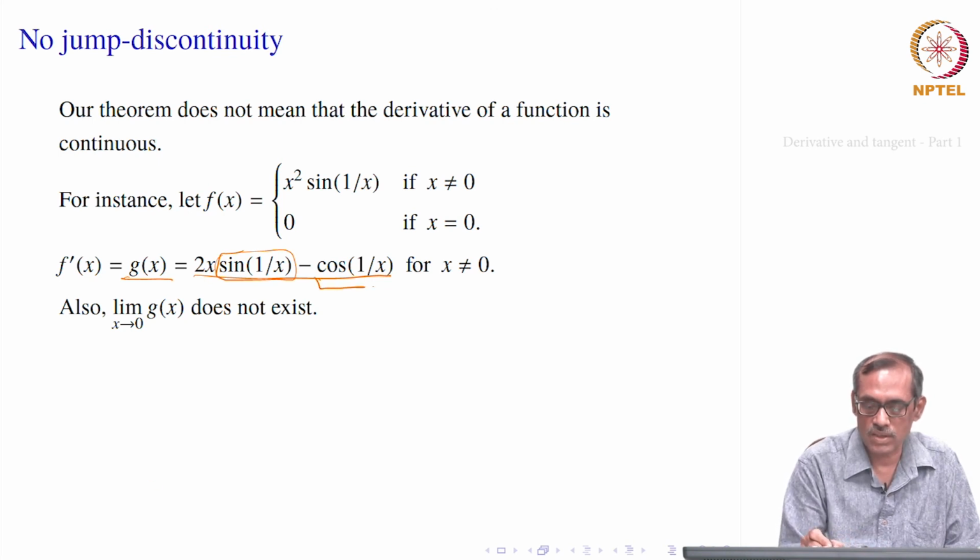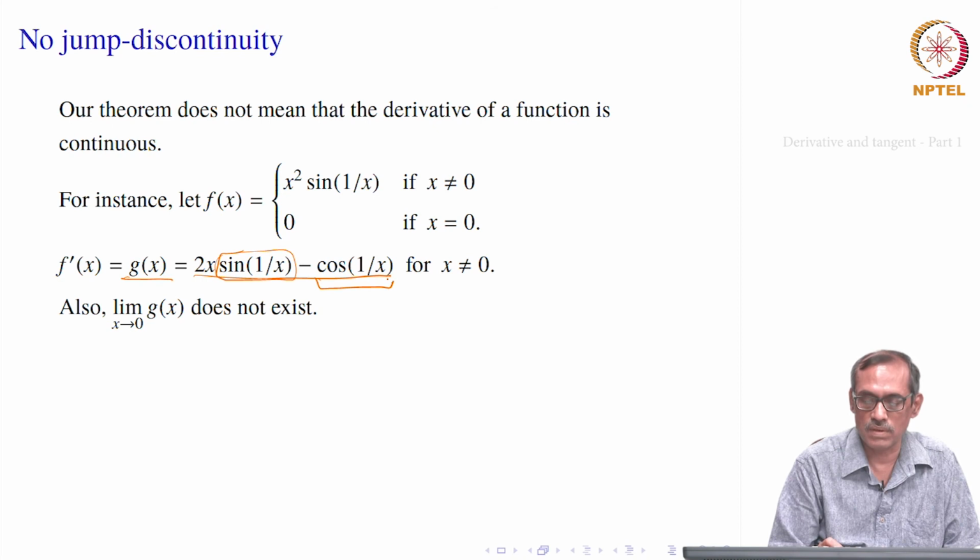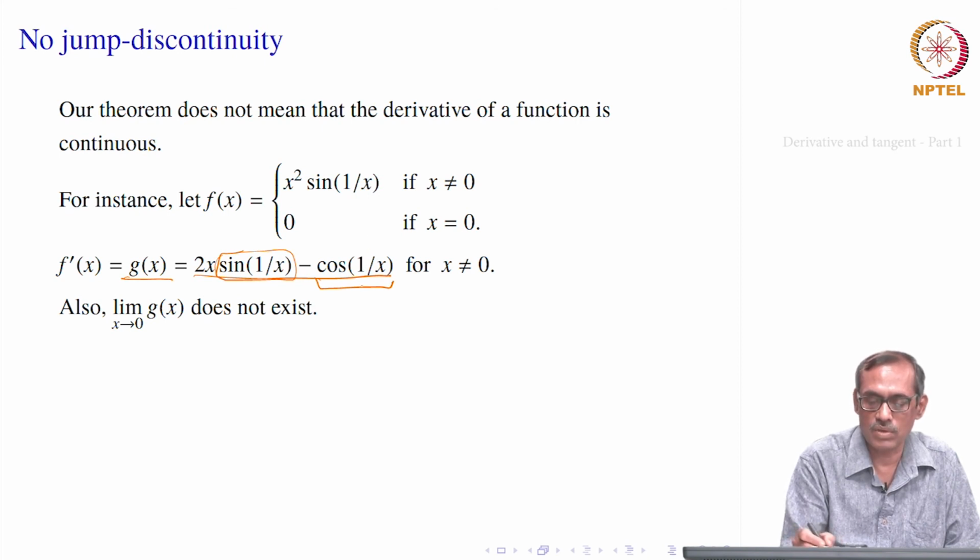But this factor cos of 1 by x, as x goes to 0, will not exist. 1 by x goes to infinity, and near infinity you can find points where cosine becomes 0, and also points where cosine becomes 1, by taking suitable multiples of pi or pi by 2.